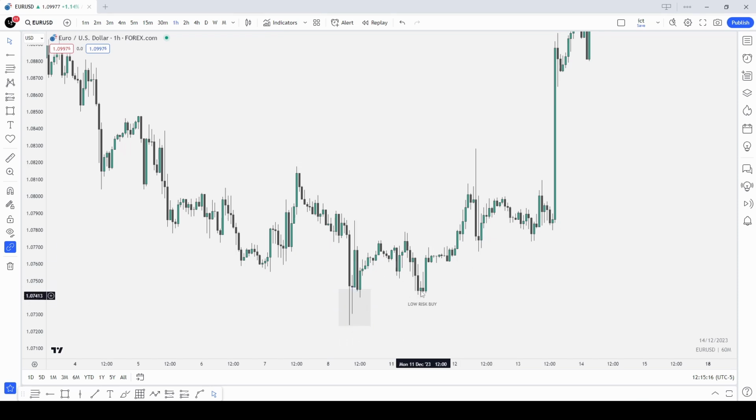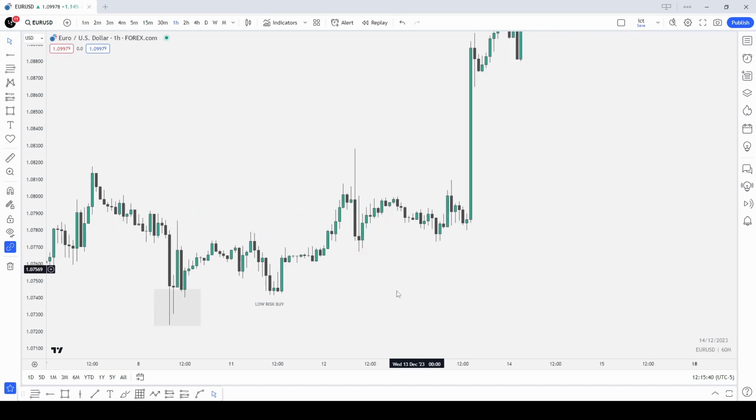Now we have a low risk buy, which is our first stage of distribution. We then, if you take your eyes from the low risk buy up to here, do we have another level of distribution? And inside here, you can see from here to here, this is around equilibrium. And if you take your eyes inside here, we have down close candles and a fair value gap, right?